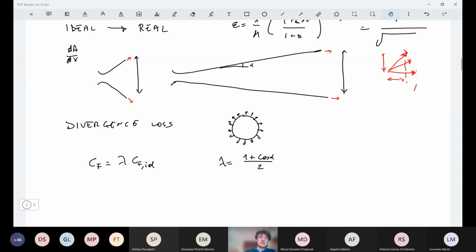What we do is to introduce an ideal computation and then some efficiencies in terms of thrust coefficient, characteristic velocity, which I mentioned also here, and specific impulse.